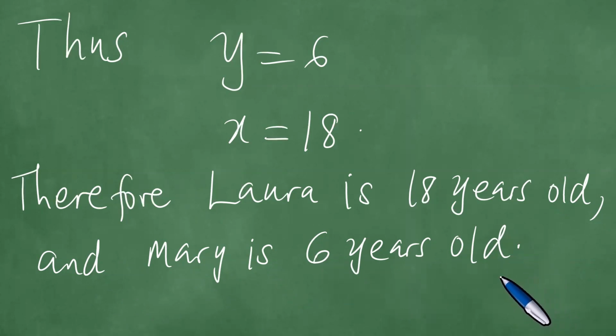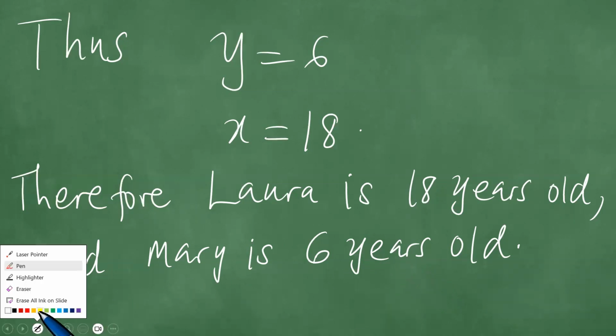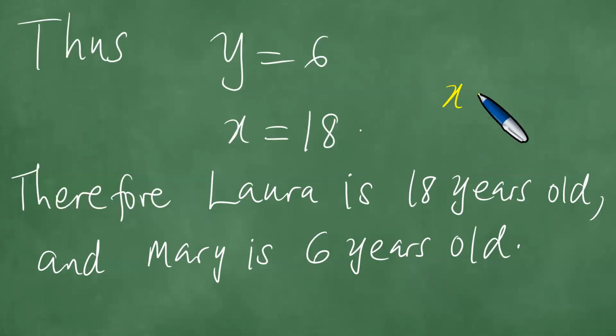Right. And we need to just check, is it true that these ages are correct? Because now we remember one of the equations said that x is 3y. So indeed, it is true that x equals 3 times y.